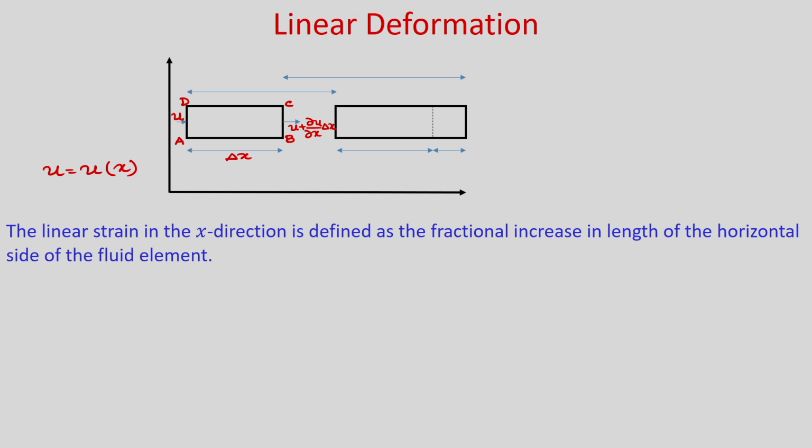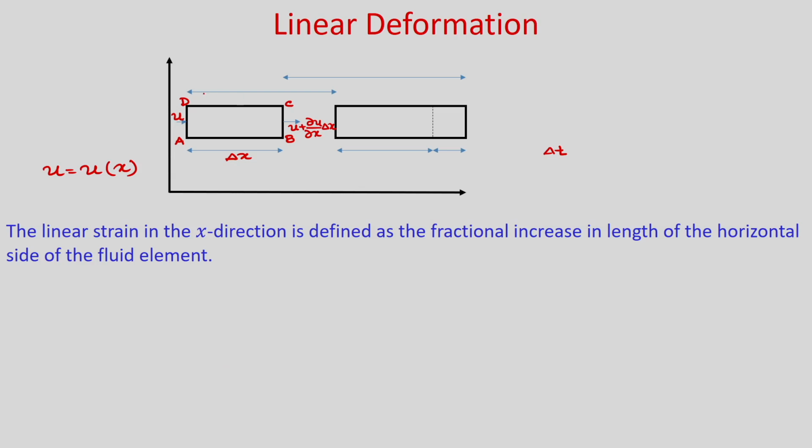So, you can see now this point, this A or D, obviously due to the linear deformation it will travel due to the velocity u, and this element has come here after a small time step delta t. Okay.